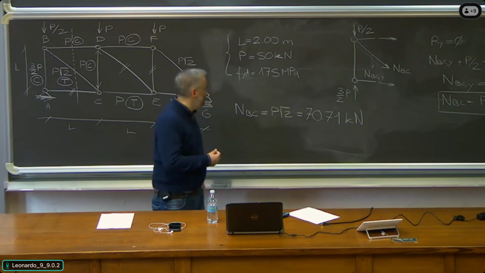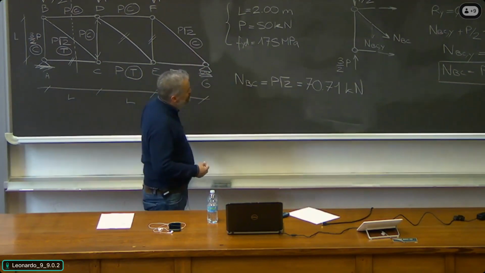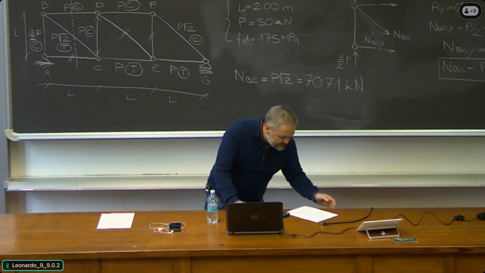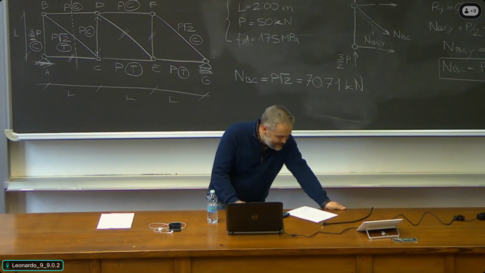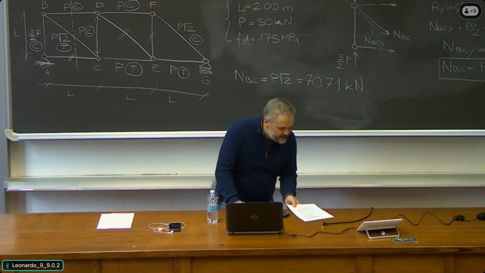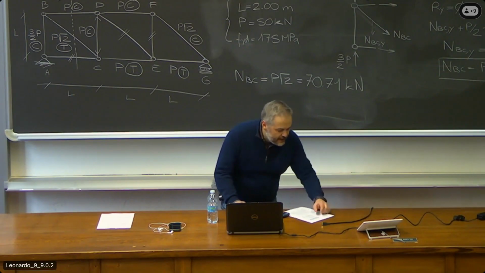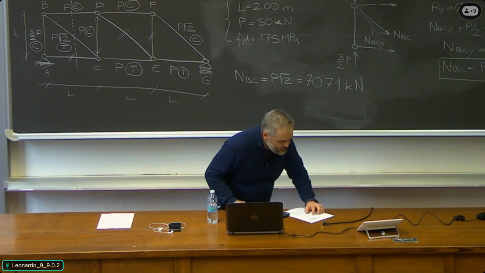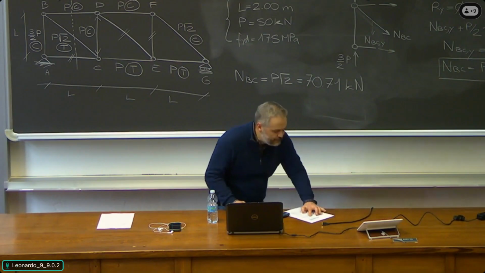In this case, it was a check problem, so it was specified that the member BC consists of a hollow square profile with A equal to 40 millimeters and S equal to 3 millimeters, which means I turn around the page and I look for the profile, which is 40 times 3, so you can read its properties.